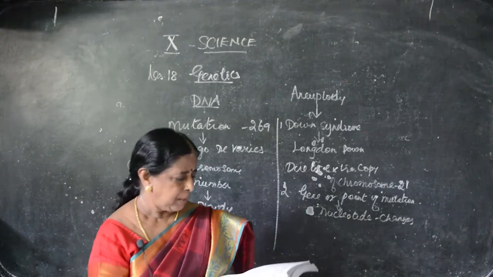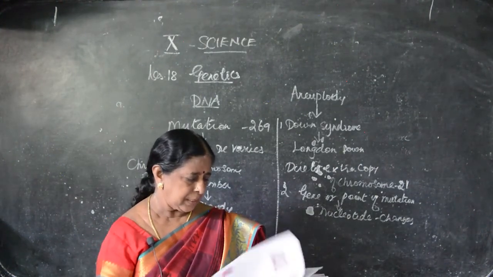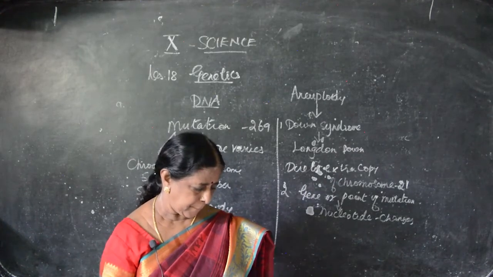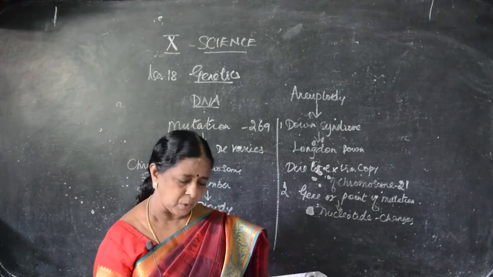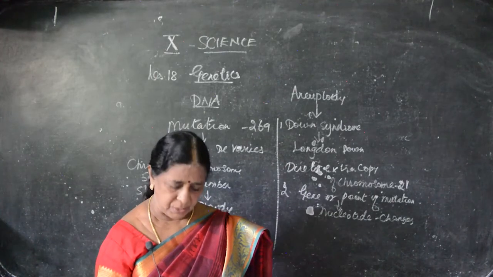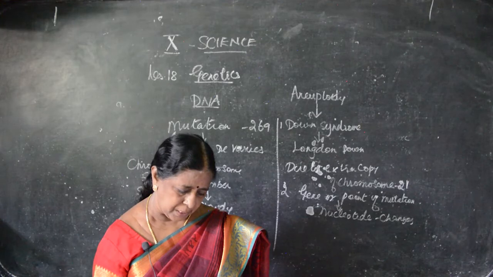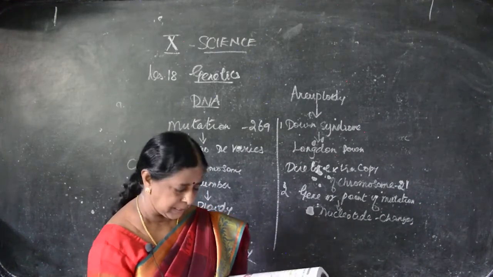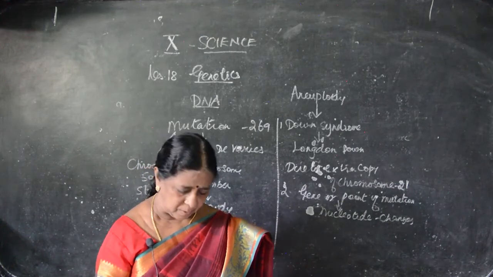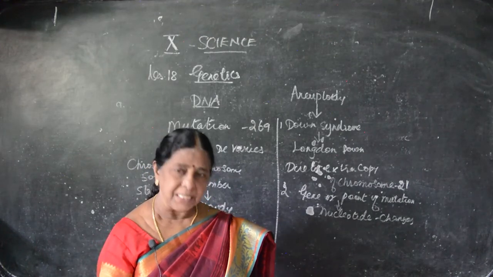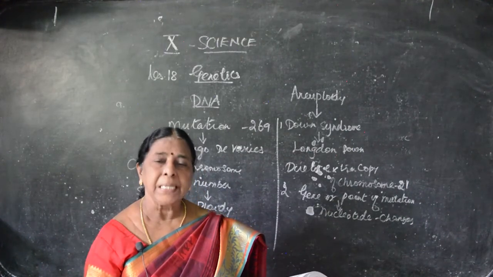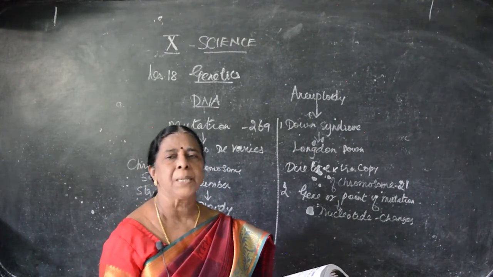Okay, children? Now, what are the things we have come across? Let me recall the points I said. First we saw, on page number 261, what is genetics? The branch of biology that deals with genes, genetic variation and heredity of living organisms is called genetics. Next, based on genetics we saw heredity.